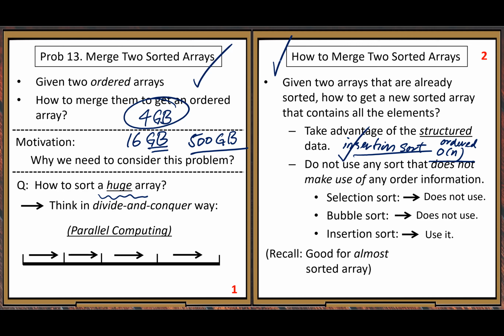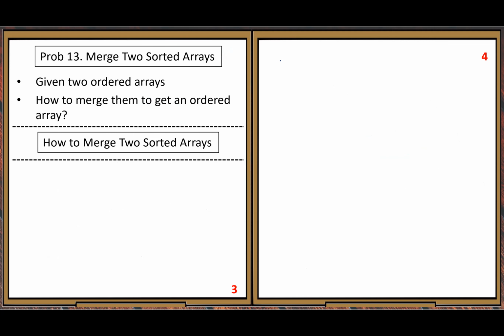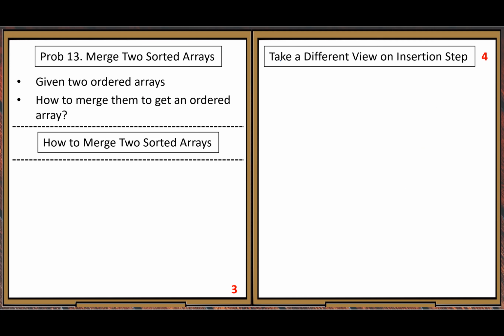Now let us work on it. First, let's recall the insertion step. From the insertion step, we want to modify it a little bit to make it the merge step. How about that?